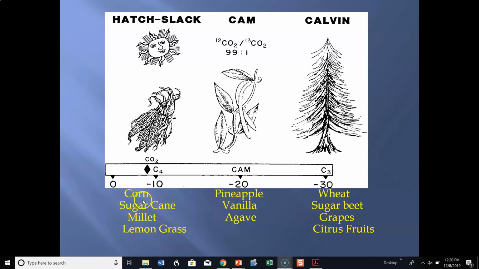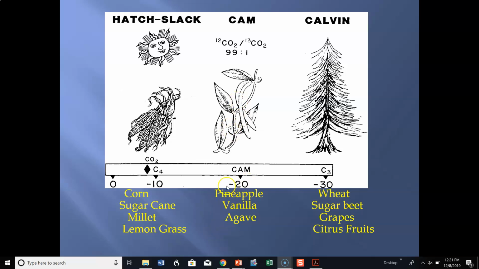If you look over on the left-hand side, corn, sugarcane, millet, lemongrass, they all have Hatch-Slack metabolic pathways. This pathway doesn't have as much of the carbon-13 in it, and so you can get a measurement there.